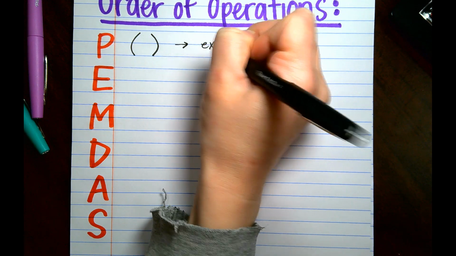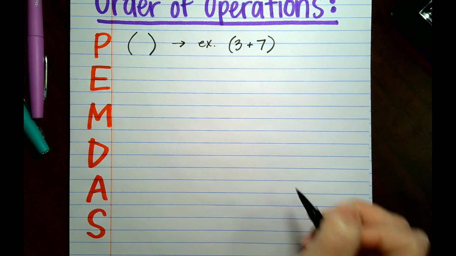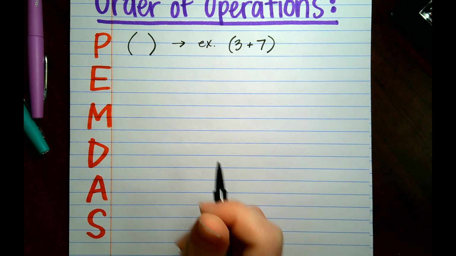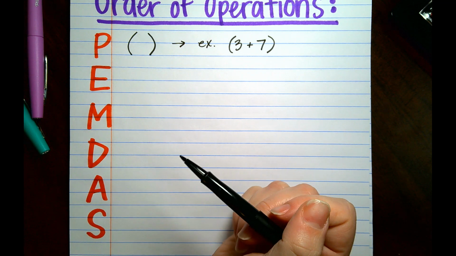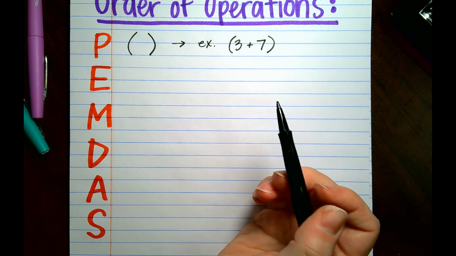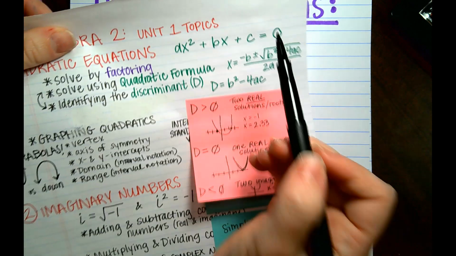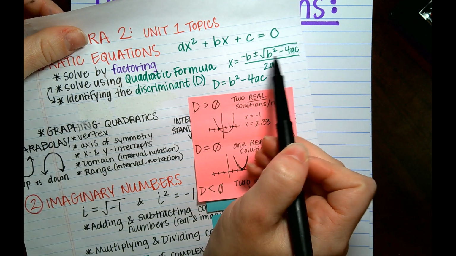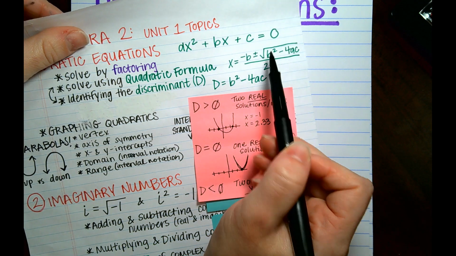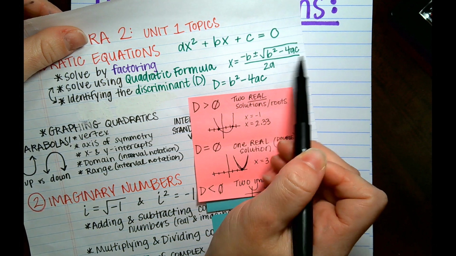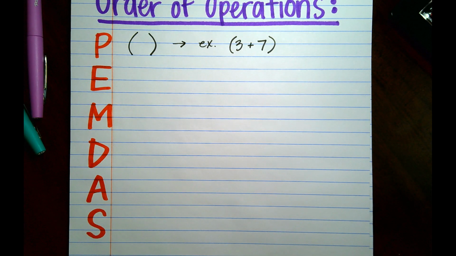For example, 3 plus 7, something like that. This could also be talking about grouping symbols. For example, in the quadratic formula, we refer to this, the square root, is kind of like a grouping symbol, saying that we need to solve everything underneath the square root first, and then we can move forward.